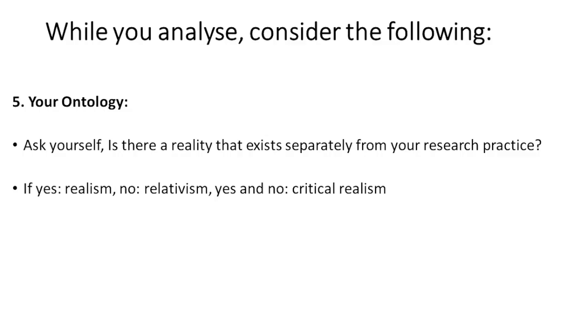So think about these. And I'll give an example using their book of how they looked at critical realism and relativism. So critical realism is if your data don't provide you with a clear and direct reflection of reality, but provide you with access to a mediated reflection of reality.